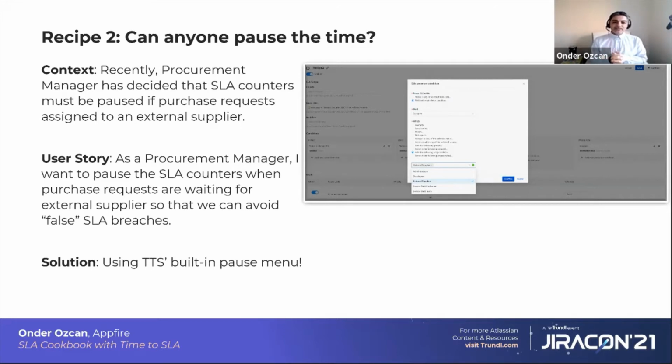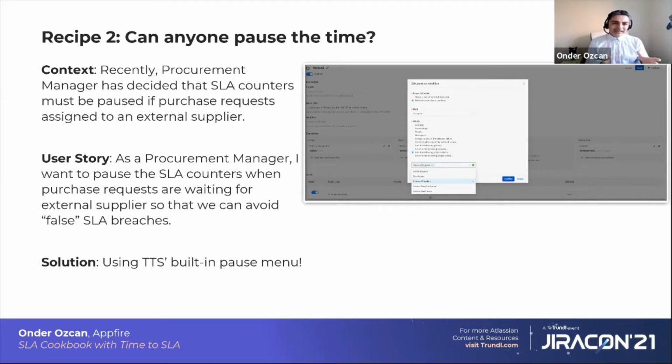So in this case, this particular customer wants to introduce a pause capability. So again, the solution is our Time to SLA. By using Time to SLA, we can use the built-in pause condition for that matter.